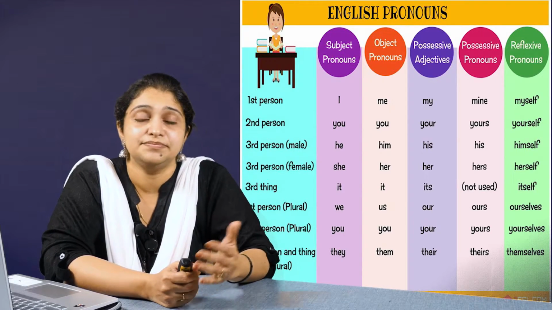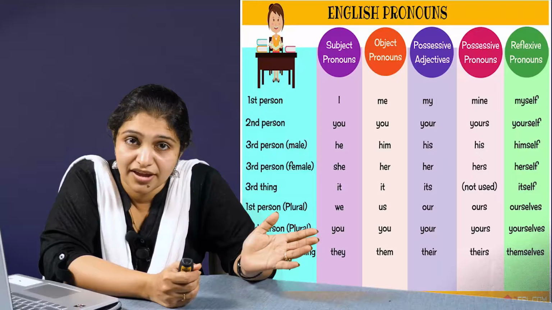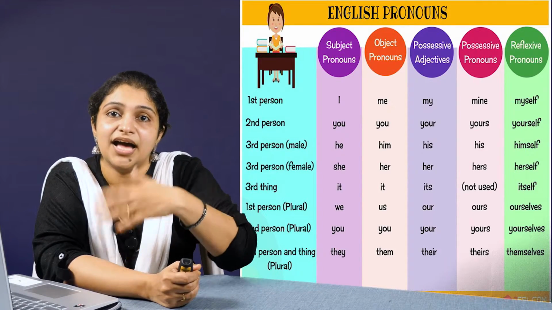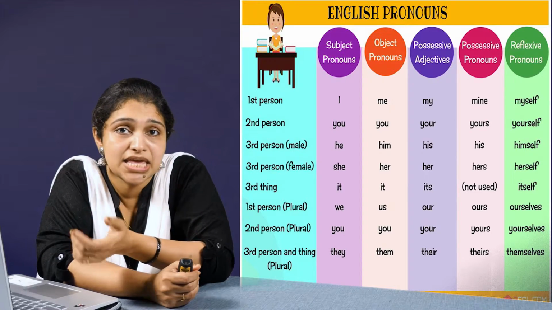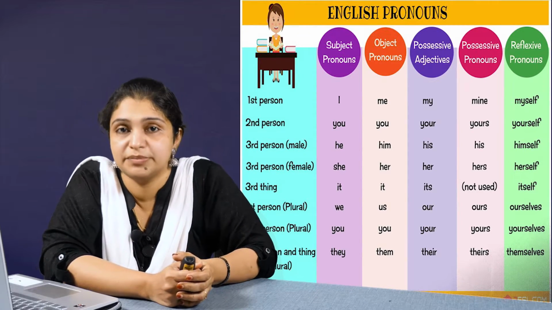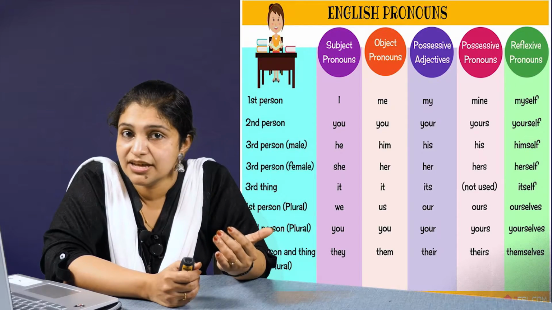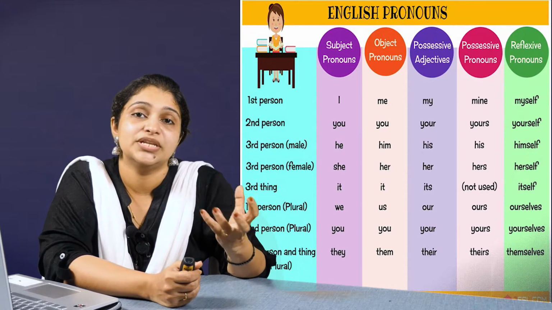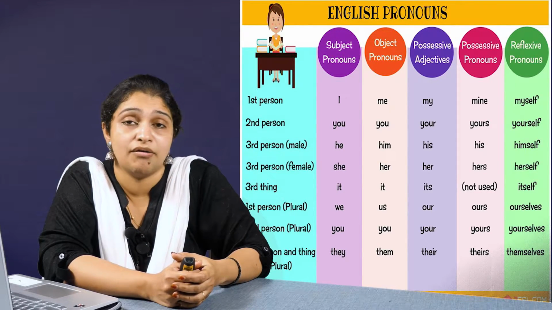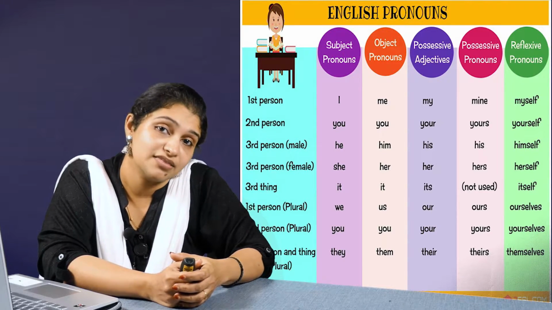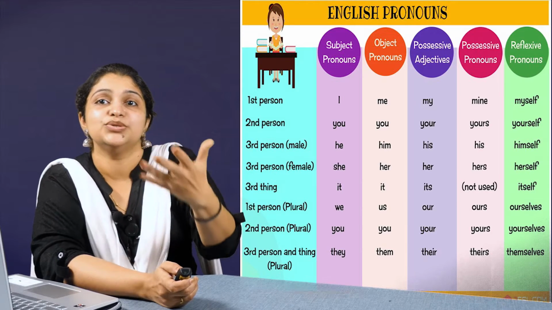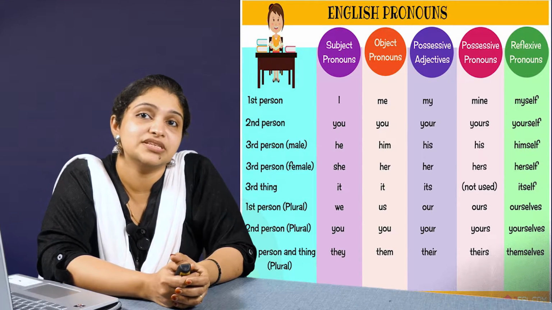And when there is a boy or a girl there, I refer to that person as he or she, and that is called the third person. You have both singular and plural in that. When it is singular, you call it he or him, and when it is plural, a group of boys, you call it them. Okay, and you have reflexive and possessive pronouns.